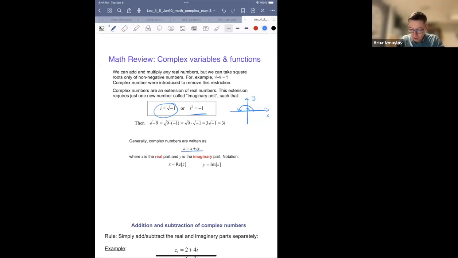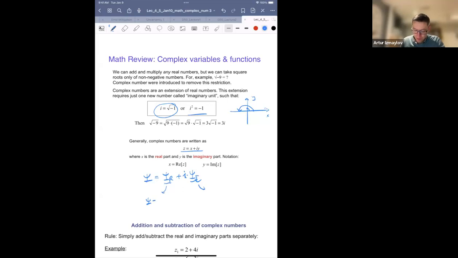So complex numbers are generally written as a real plus an imaginary part, and as we talked about, the wave function can be written as a real plus an imaginary part, right? Both of these functions are real because we now have i in front of the imaginary part, and you can always find the real part and the imaginary part separately by taking psi, let's say.